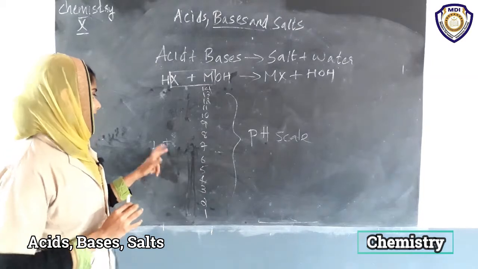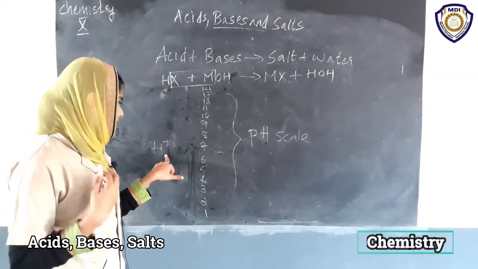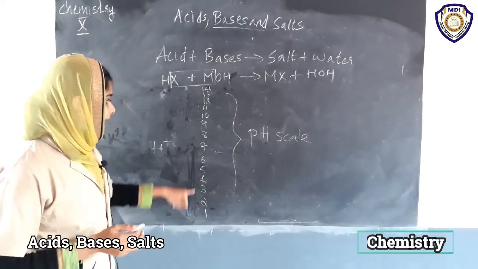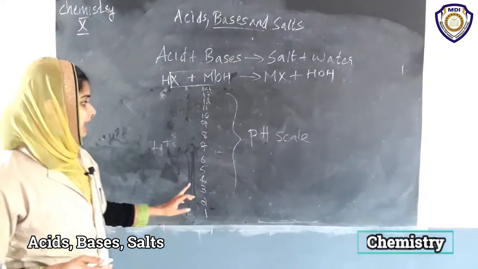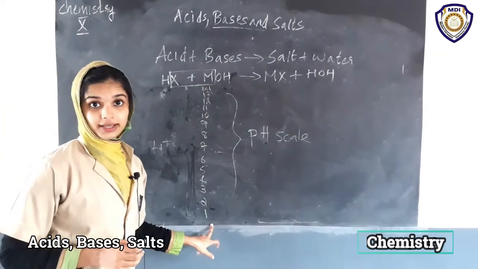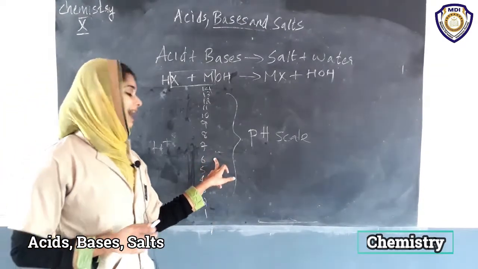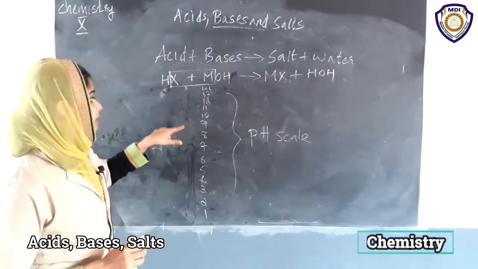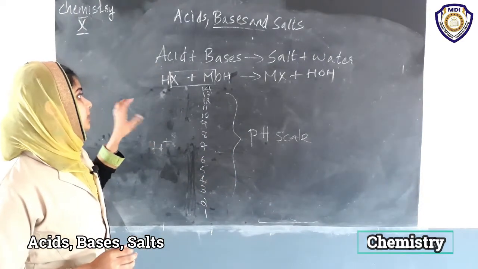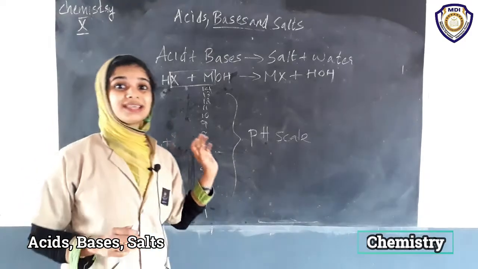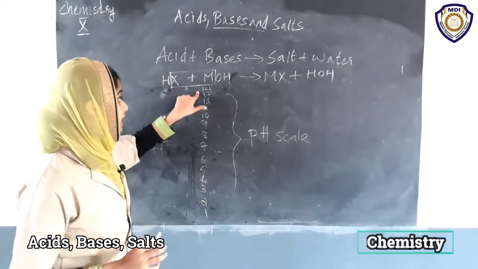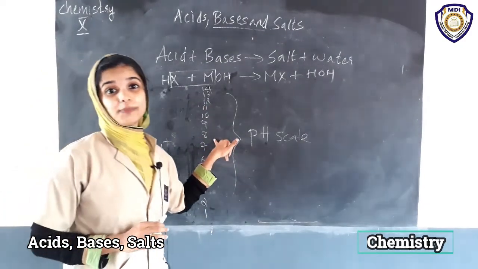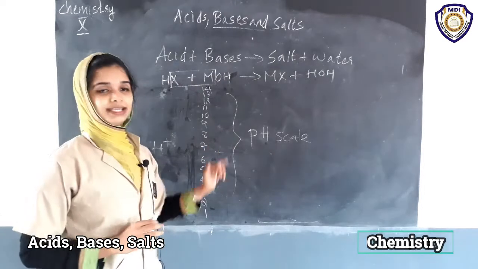So when the hydronium ion concentration increases, the pH value decreases, and the strongest acid has pH value 1, and a weak acid has pH value 6 to 7, and the strongest base has pH value 14, and a weak base has pH between 7 and 8.